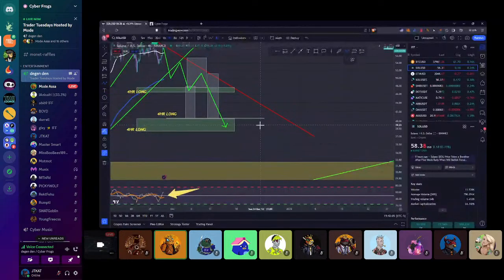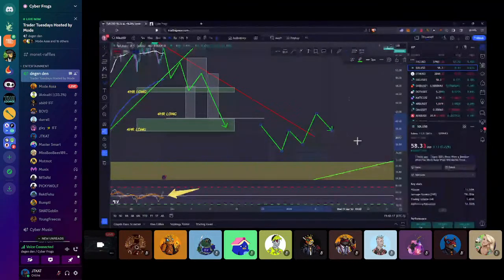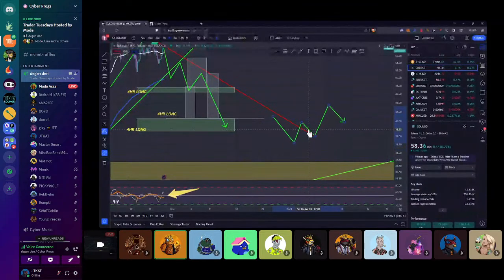When I see a higher low, and we have a break and a retest that results in a higher low, this is my ultimate entry point. Sometimes it happens right here on the break and retest, and sometimes it happens right there on the break and retest. But ultimately, I want to see that downtrend be broken.